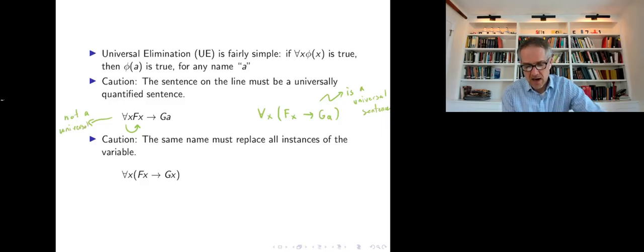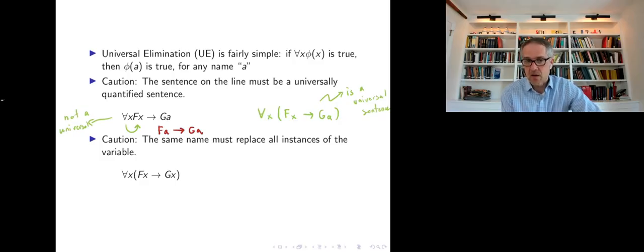Okay, so you cannot, let me write this in red just to be absolutely clear, you cannot infer for all x, Fa arrow Ga, sorry, that wasn't even what I meant to say. You can't infer something like Fa arrow Ga from that sentence because it's not a universal sentence. It's not of the form for all x, phi x.